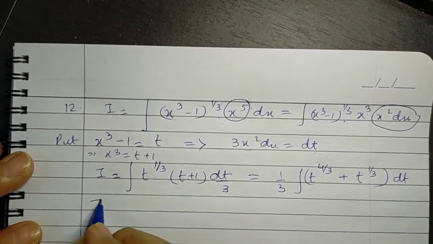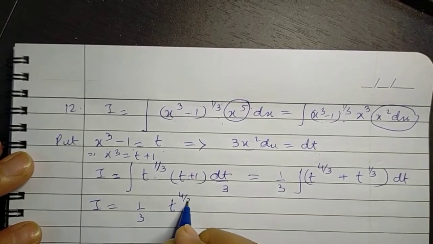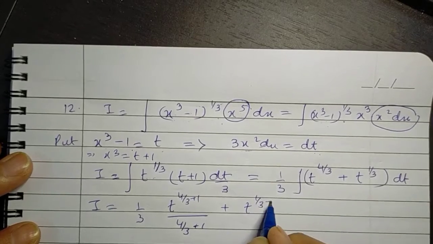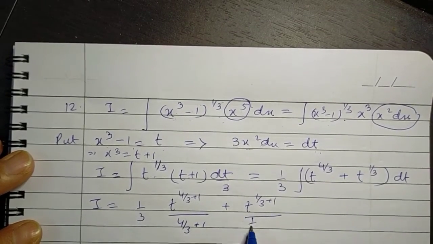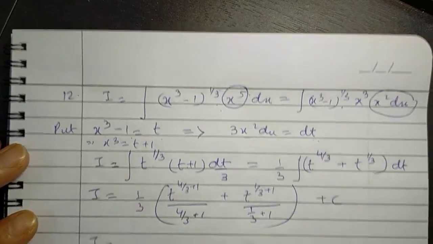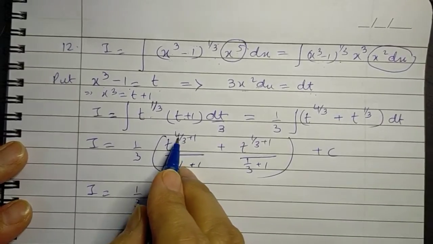and whose integral can be easily found out. t raised to the power 4 by 3 plus 1, plus t raised to the power 1 by 3 plus 1, plus a constant, and so we get I is equal to 1 by 3. Now this becomes 7 by 3.